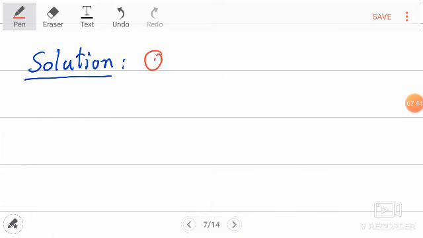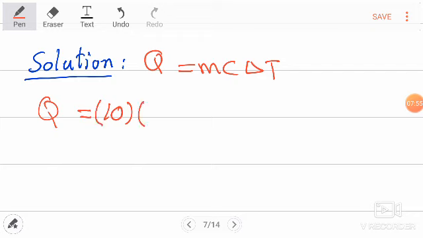So Q equals M C delta T. Q equals, the mass equals 10 kilograms. Specific heat is given to be 400. And the change in temperature is 70 minus 30.